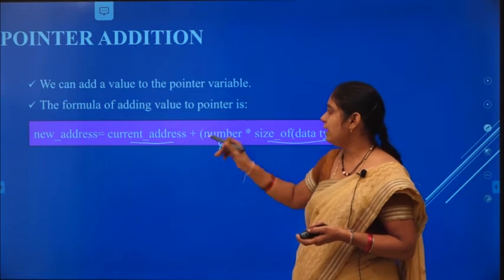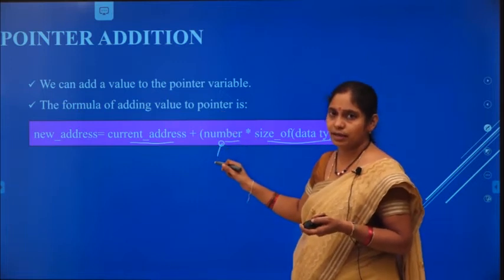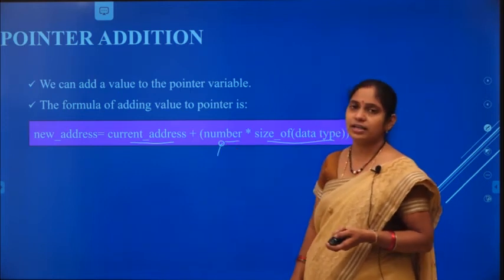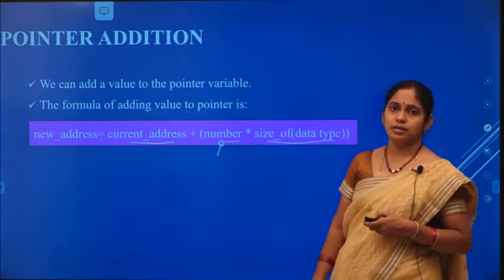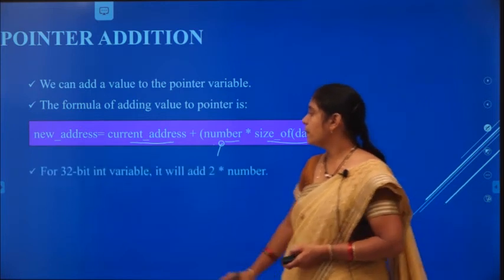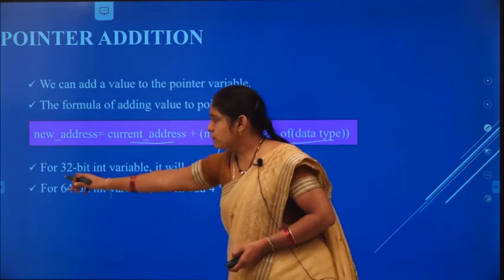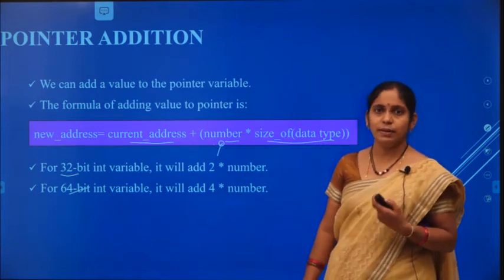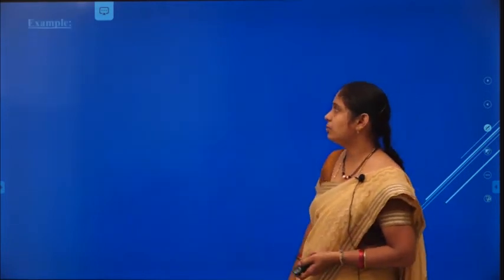So in pointer addition, how many times you want to increment it, how much value you want to add, you just specify that as number. As we know, for 64-bit and for 32-bit the size of each will be different. Now see the example.